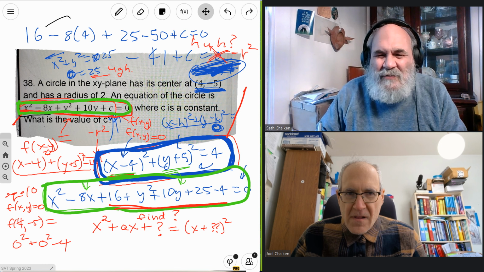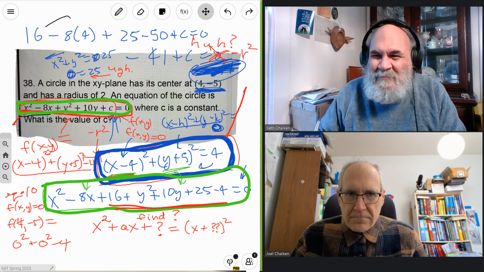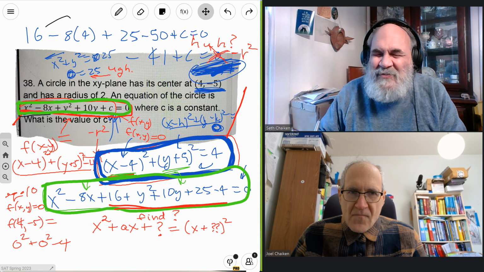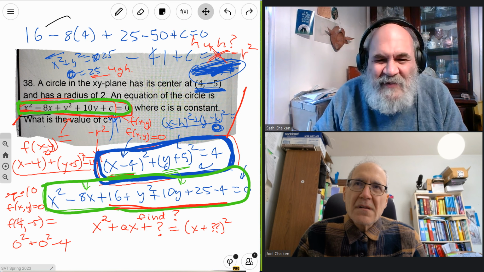But for non-zero a, it's possible to add a constant such that you get a new polynomial that is the square of some other polynomial. So this is what completing the square means. And it turns out that you can find such a constant.